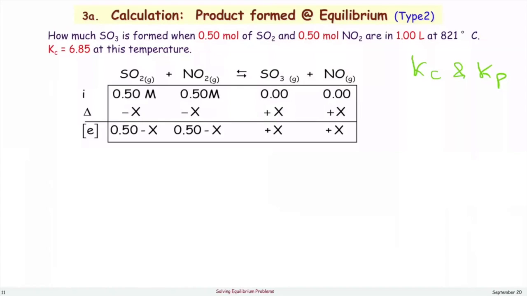Of course, if you're given the molar concentration, you can convert all those molar concentrations to partial pressure by PV equals nRT, and then you can calculate Kp directly. But if you're given Kc, you need to get delta N to calculate Kp.